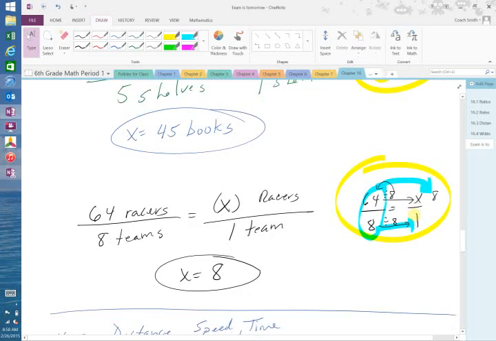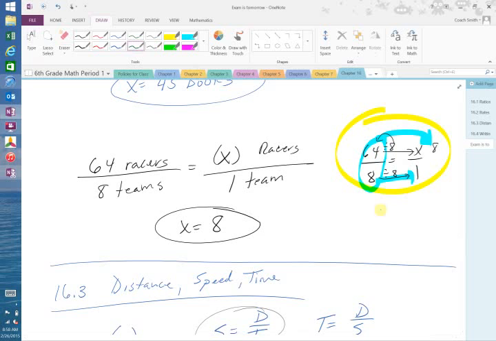Realistically, these are just really proportions. In other words, now that you've had 16.4, you could do the same thing here that we just did. You could cross multiply and get 1 times 64 and then get 8 times x.